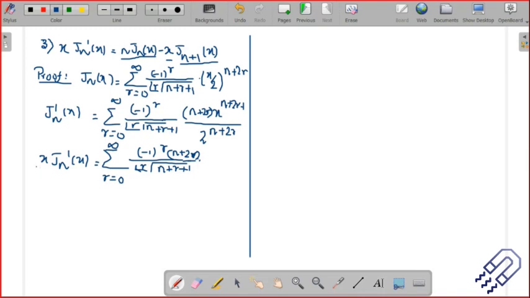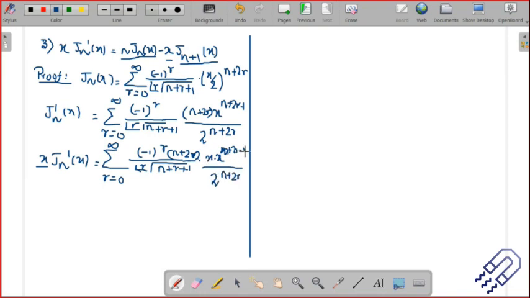I have multiplied by x on this side, so it will be x into x to the power n + 2r - 1, that's n minus 1, don't get confused, divided by 2 to the power n + 2r.